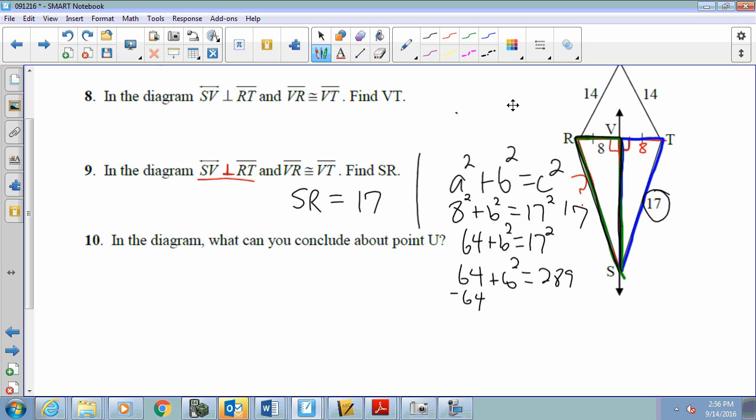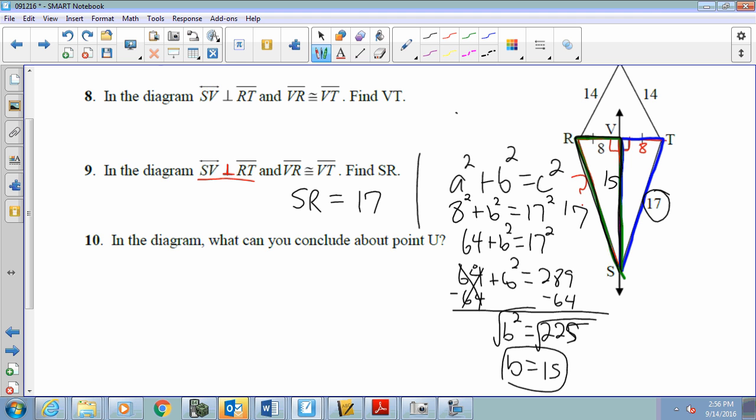I'm going to take away 64 on both sides. So I have b squared is equal to 225. And remember, I have to take the square root. B is equal to 15. So we actually could find out that this side is 15. I know it didn't ask us that, but now you know anyway. That side's 15. Because we knew it's a right triangle, we could use a squared plus b squared equals c squared.